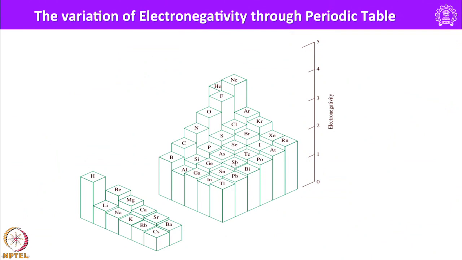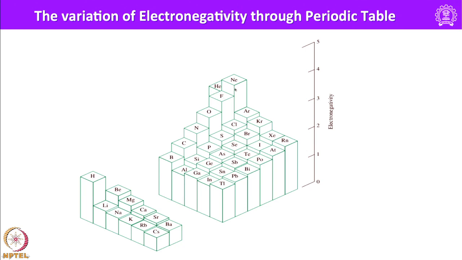So, let us look at the variation of electronegativity through the periodic table. This very nicely shows the trends. You can see the upper right corner elements show very high electronegativity, and of course, neon shows the maximum, and then helium comes.